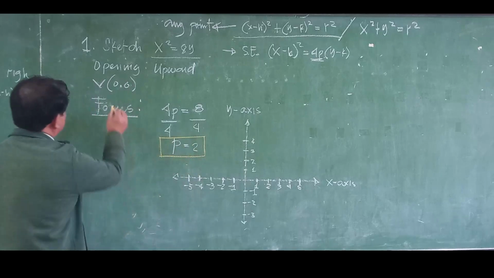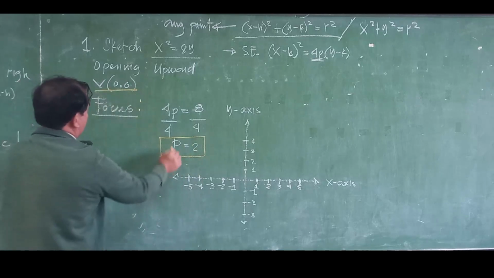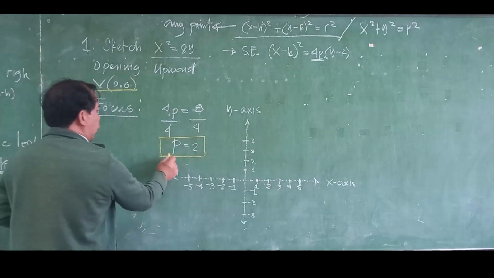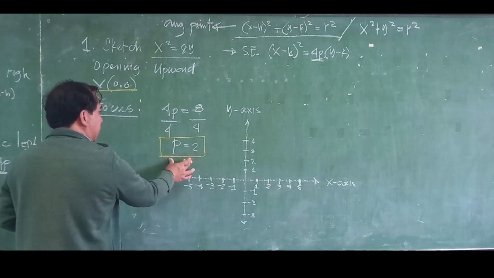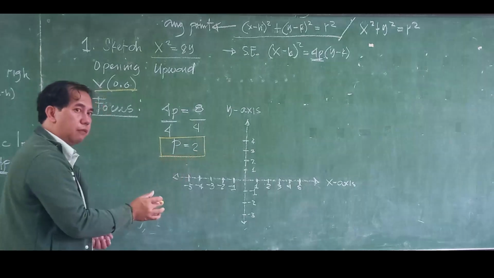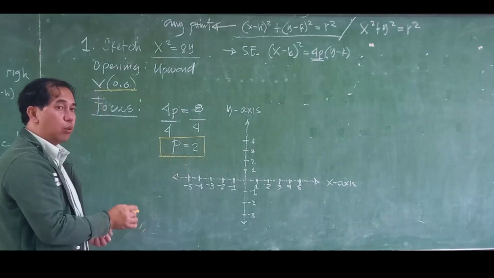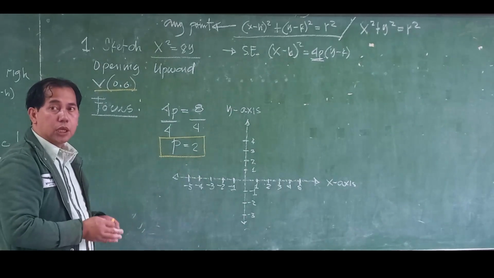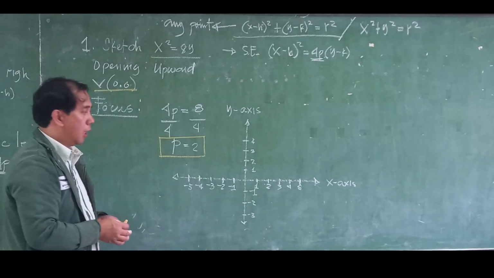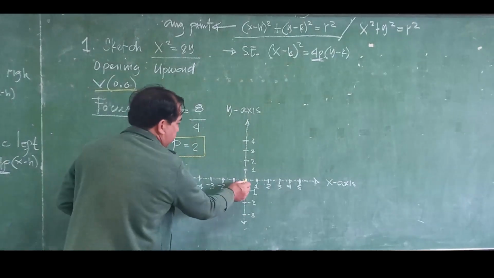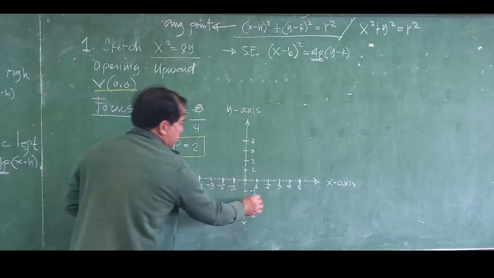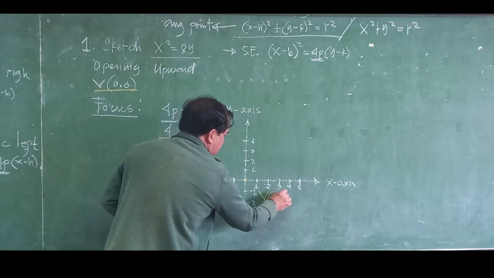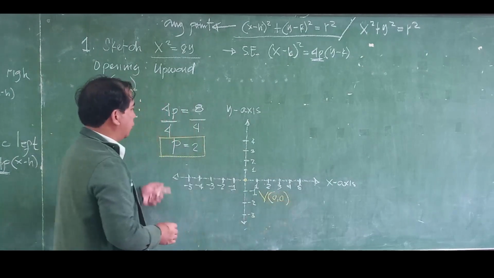Now, we have the vertex, we have the opening, get that? And we have the p, which is positive. Meaning to say, we are now ready to locate the focus of the parabola. Where is that? If this is our vertex, 0 and 0, now what about the p?